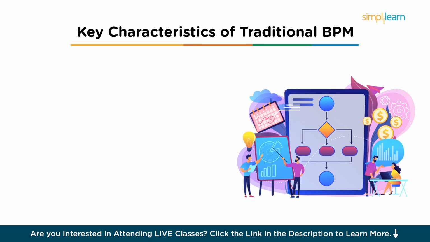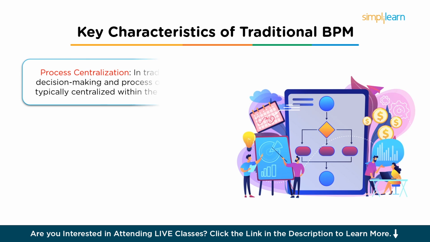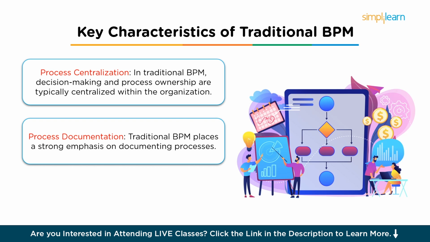Key characteristics of traditional BPM: process centralization. In traditional BPM, decision-making and process ownership are typically centralized within the organization. Management and process owners dictate how tasks should be completed, leaving little room for flexibility. Process documentation. Traditional BPM places a strong emphasis on documenting processes.